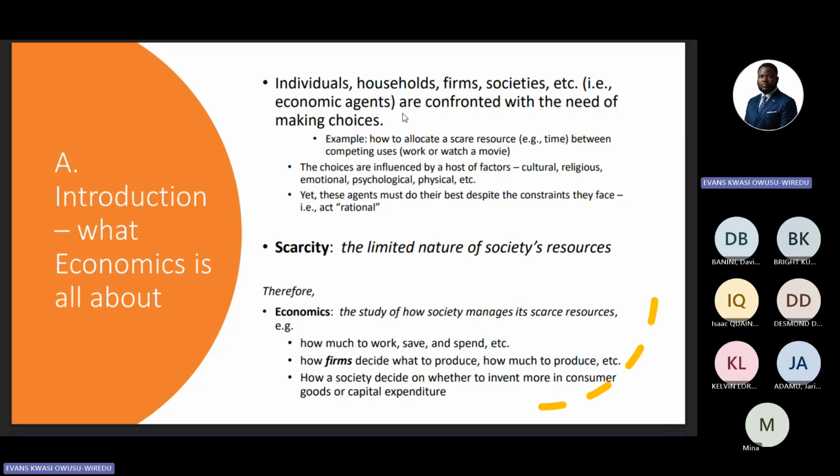But basically you are looking at it from the angle that, okay, I'm here to learn about the science of making choices, the science behind making choices. So all these decisions we make, what is the science behind it?